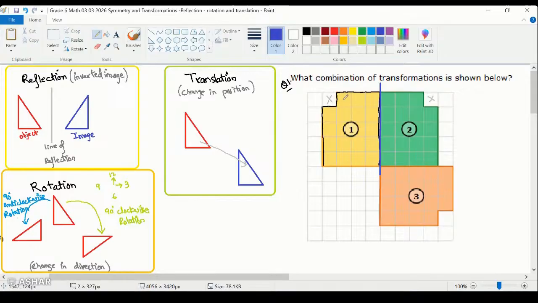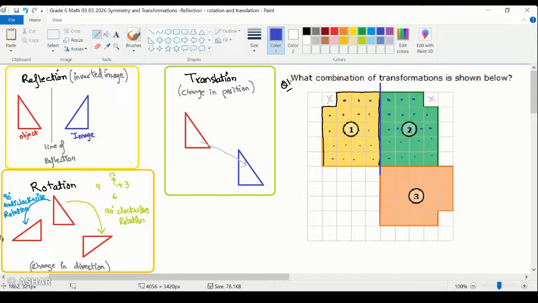Why? Because if there were three boxes over here, it moves three boxes to this side. If there were four boxes, then it had four, right? 1, 2, 3, 4, 1, 2, 3, 4.